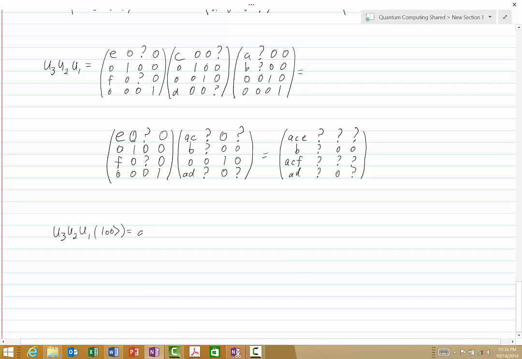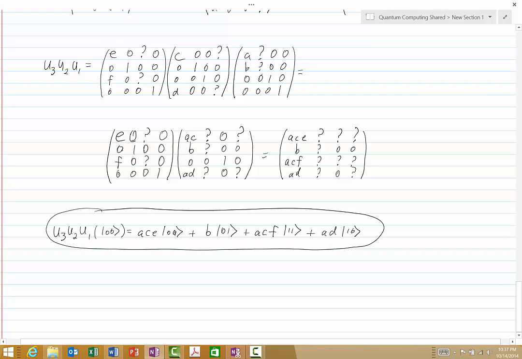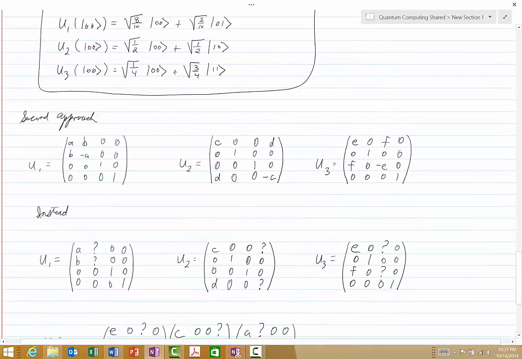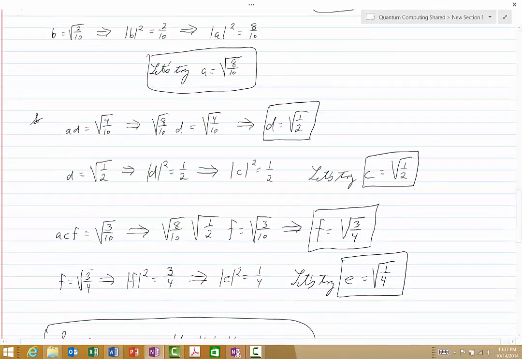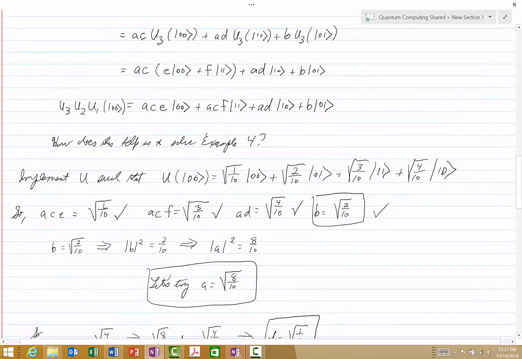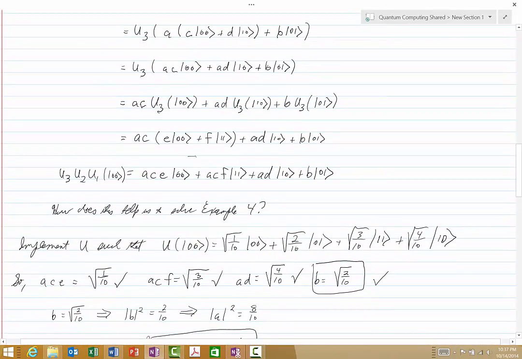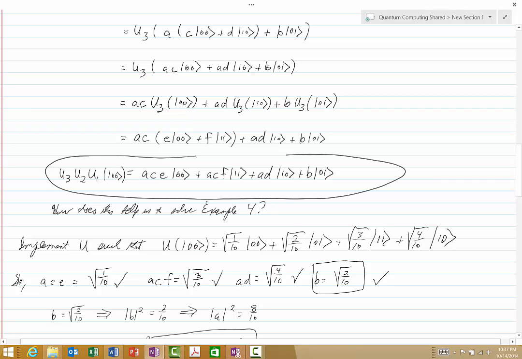So it's equal to ACE 0, 0 plus B 0, 1 plus ACF 1, 1 plus AD 1, 0. And if you compare, that is exactly the same solution that we reached right here with approach 1.